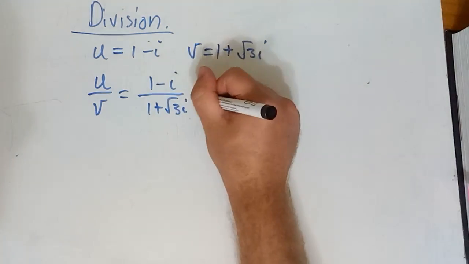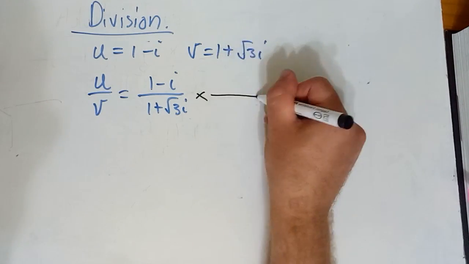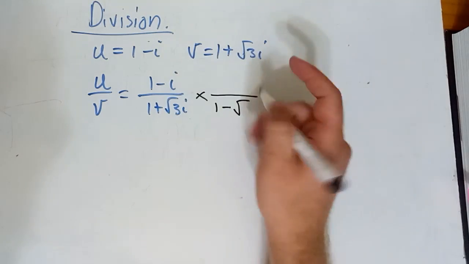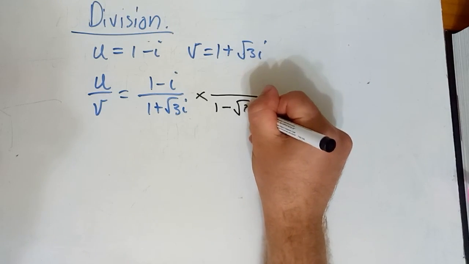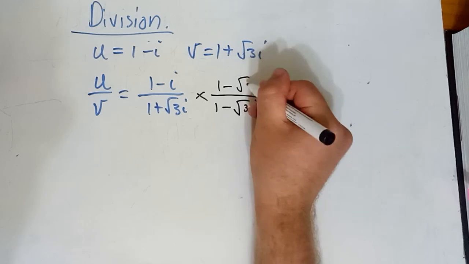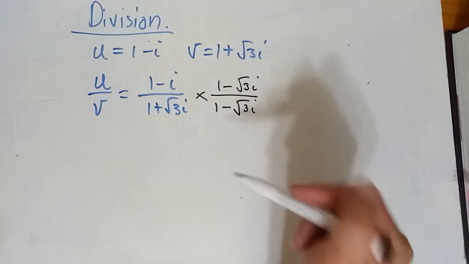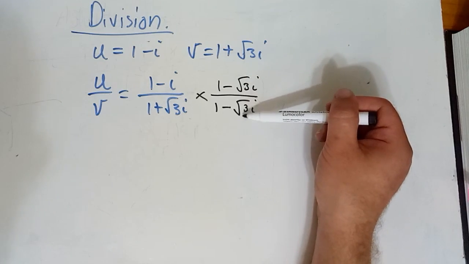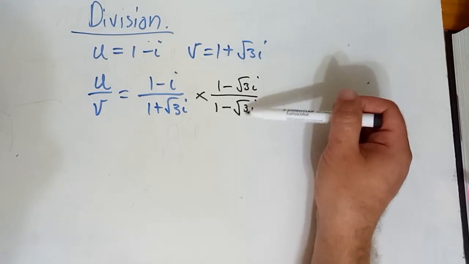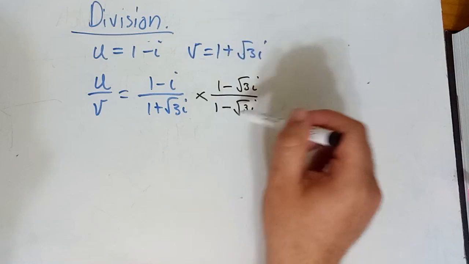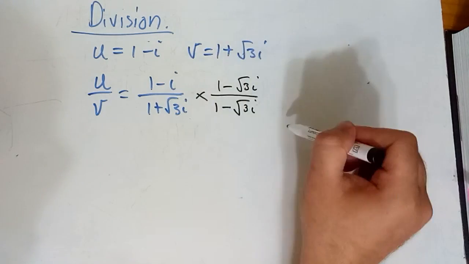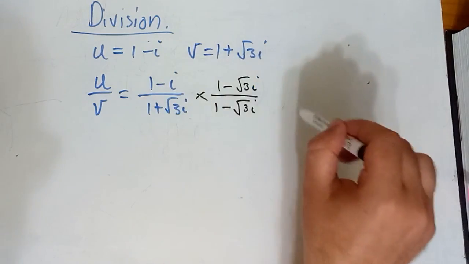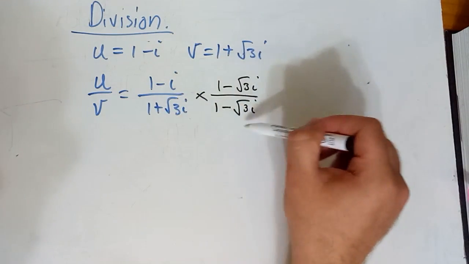But it's not just any 1, it's a specific one, and I'll show you why. The conjugate of the denominator, the conjugate of V, 1 minus root 3i, divided by itself. If you divide a number by itself, as long as that number isn't 0, you get 1. So we're multiplying by 1. This won't change the number, but it has the effect of turning the denominator into a real number.